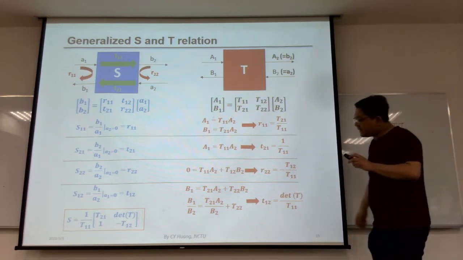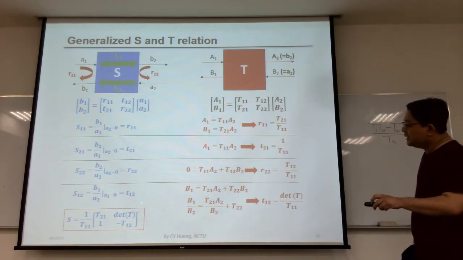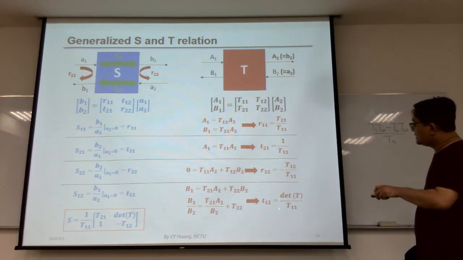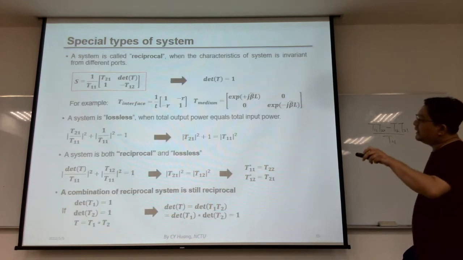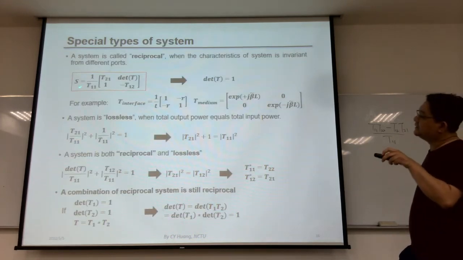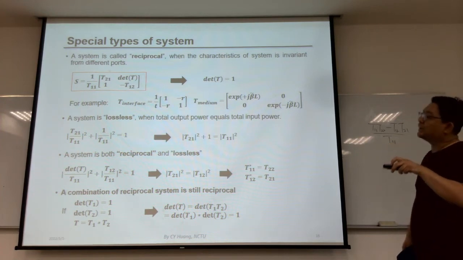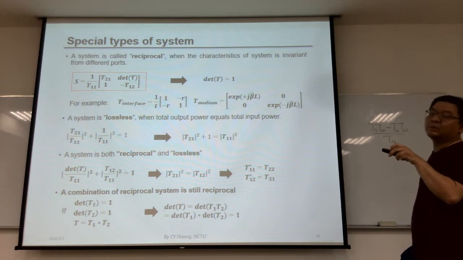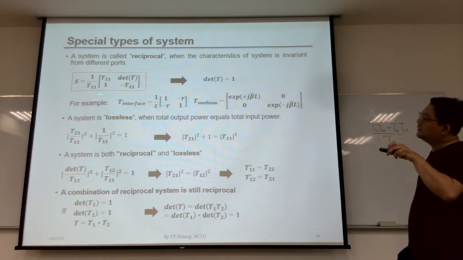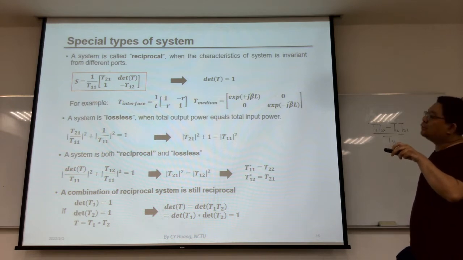Alright, so now we can match these four values instead. So the S matrix now is written as 1 over T11 times: S11 becomes T21, the S12 becomes determinant T, and the S21 is 1, and another minus T12.